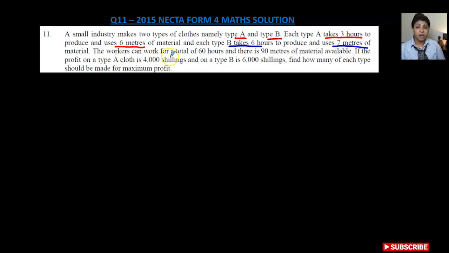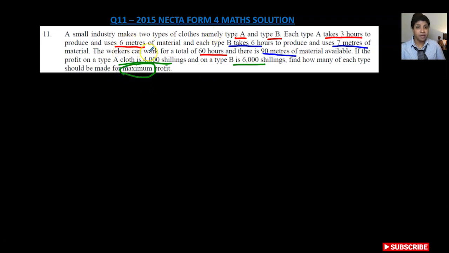The workers can work for a total of 60 hours, and there is 90 meters of fabric. If the profit on a type A cloth is 4,000 shillings, and type B makes 6,000 shillings profit, find how many of each type should be made for maximum profit.